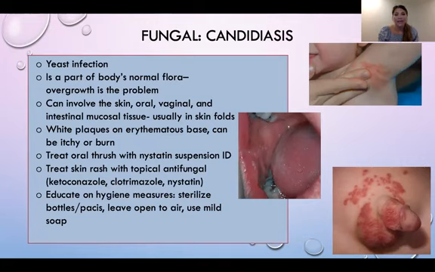So yeast is a normal part of our body's typical flora. It's healthy to have yeast present. The problem is when we have the overgrowth of yeast. And as you all probably know, this typically starts in the stomach. So gluten and all those yummy foods that are bad for us cause yeast to overgrow in the stomach.